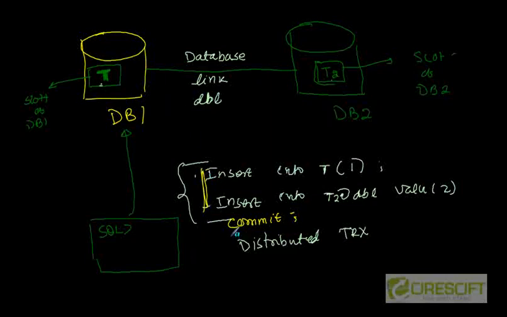That means this commit is a little different from the commit in a single database. The syntax is the same, but Oracle is going to internally implement a protocol called two-phase commit.